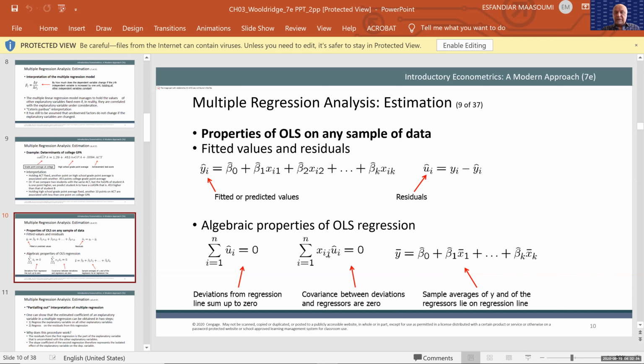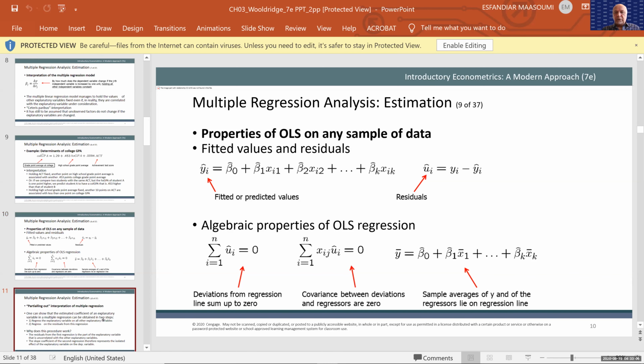Now we have more than one x. We have k of them. For each one of them, this has to be true. So x's and u's are uncorrelated in the sample. How many equations? One, and one for each x. There are k of them, so k plus 1 equations for k plus 1 betas, including the intercept. As many equations as there are unknown coefficients.